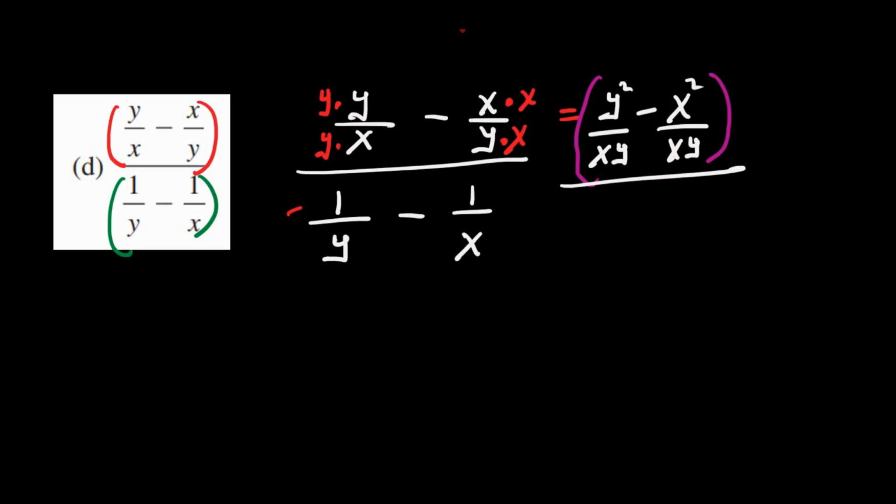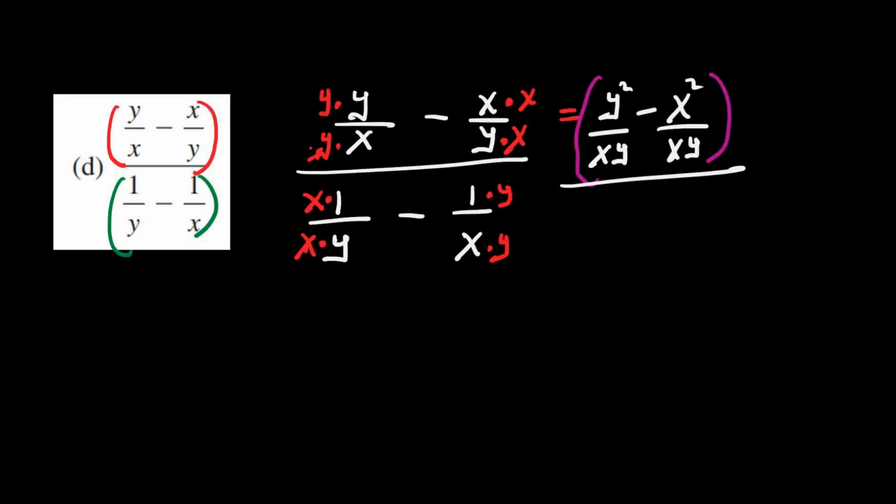So multiply this by x and also multiply the numerator by x, multiply this by y, and also multiply this by y.